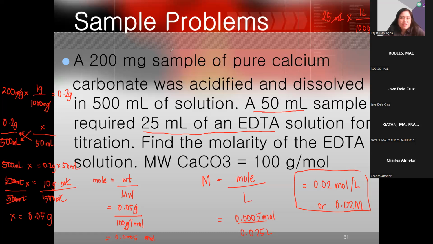This is 0.02 pala, sorry. 0.02 pala ito, class. So this one should be 0.02 also.